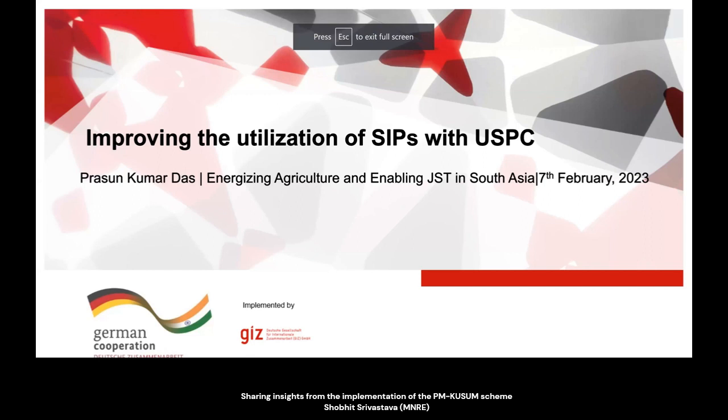Yeah. So see, in government schemes generally, you cannot go over the financial approvals that you have. So we have an approved central financial support of around 34,000 crores.